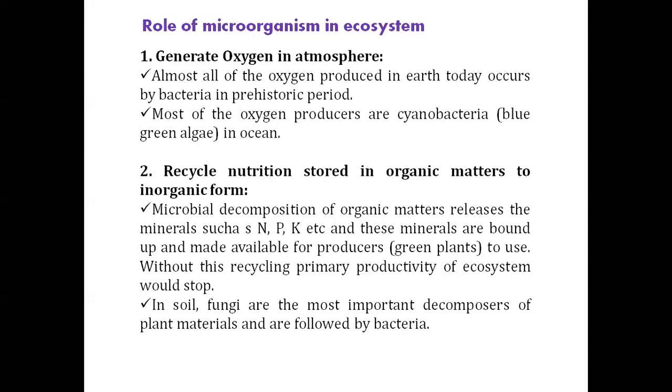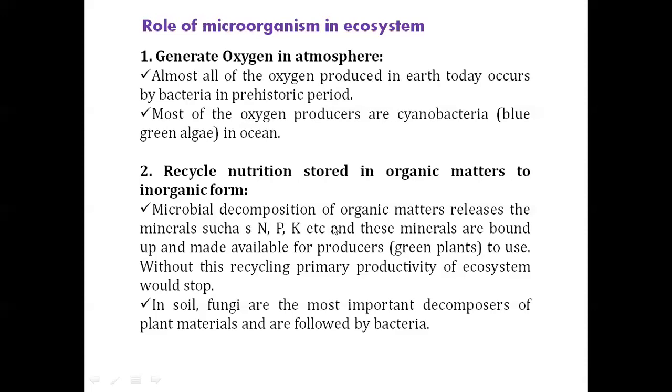Most of the oxygen producers are cyanobacteria, which are nothing but the blue green algae in the ocean. If you ever visit the ocean, you can see cyanobacteria, also called blue green algae. They produce the oxygen.